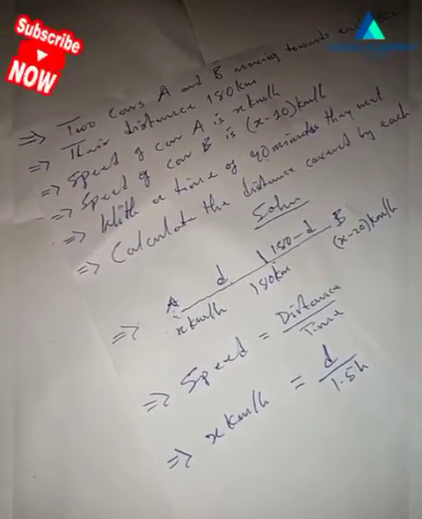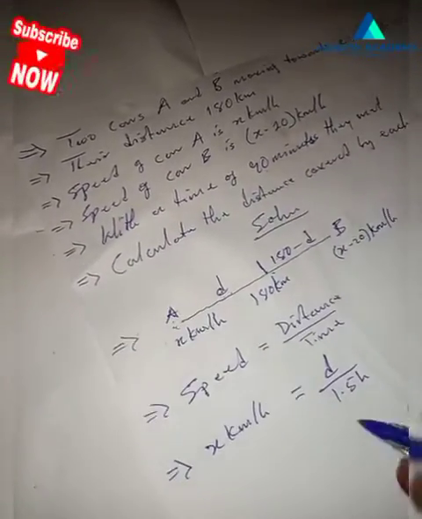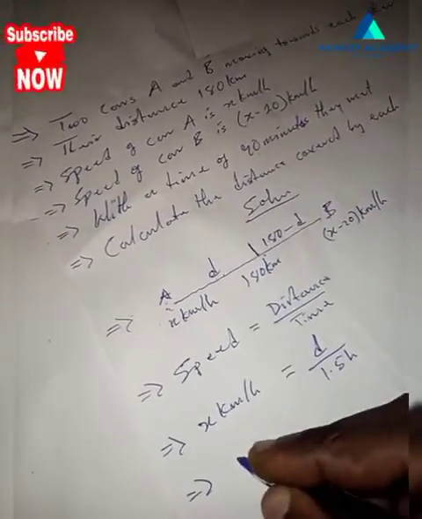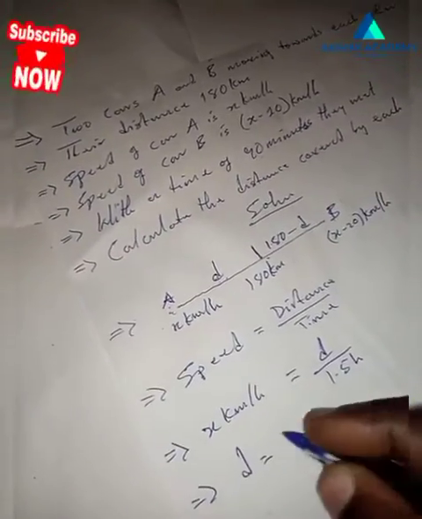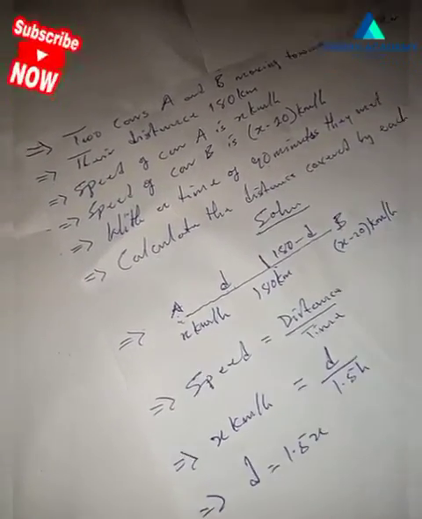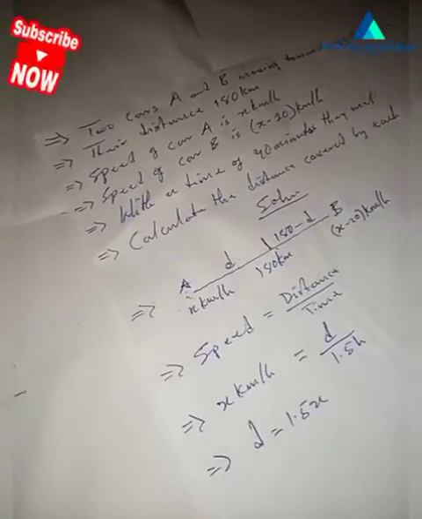So you just do your cross multiplication, and D equals 1.5x kilometers.